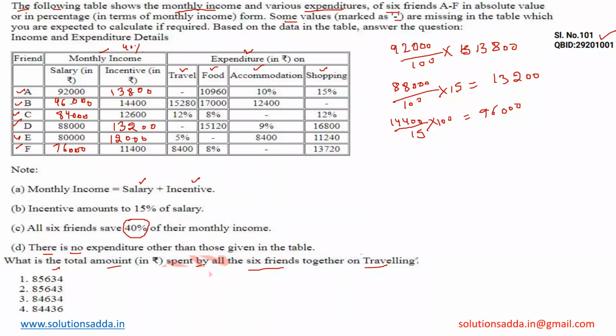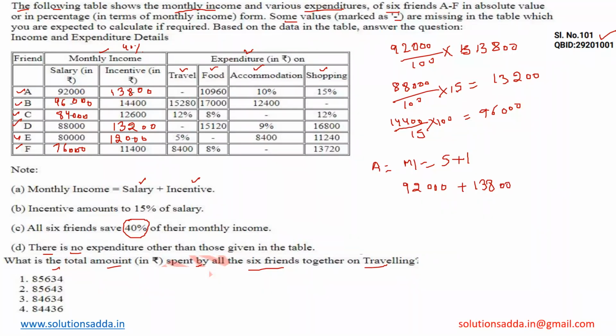As we all know, the monthly income of A equals the salary amount plus incentive. Salary amount of person A is 92,000 plus incentive amount of person A, 13,800.